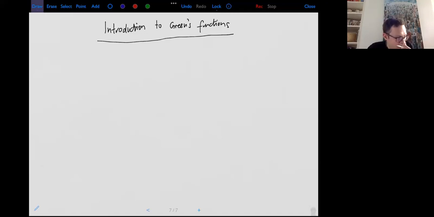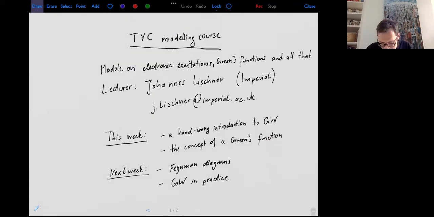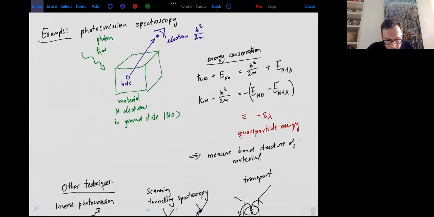Okay, so what is it that we want to describe? Going again back to the very first slide, the second slide, what we want to describe are basically processes where we introduce extra electrons or holes into a material, right?